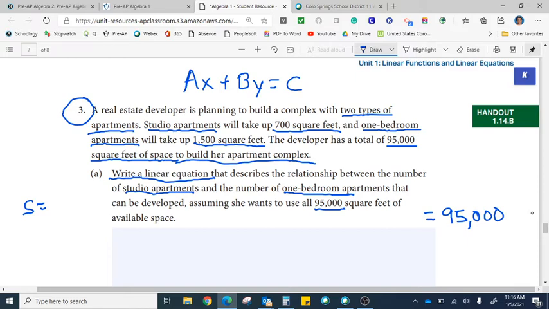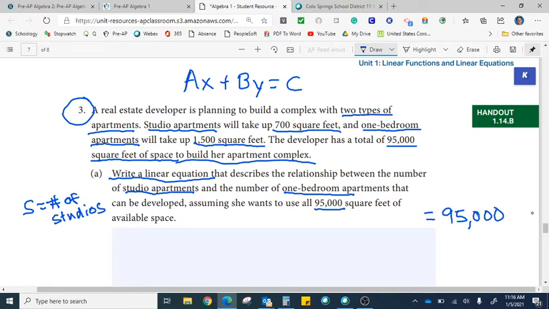Okay, and it says the number of studio apartments, because that's what we're looking at. It says the relationship between the number of studio apartments, so number of studios.